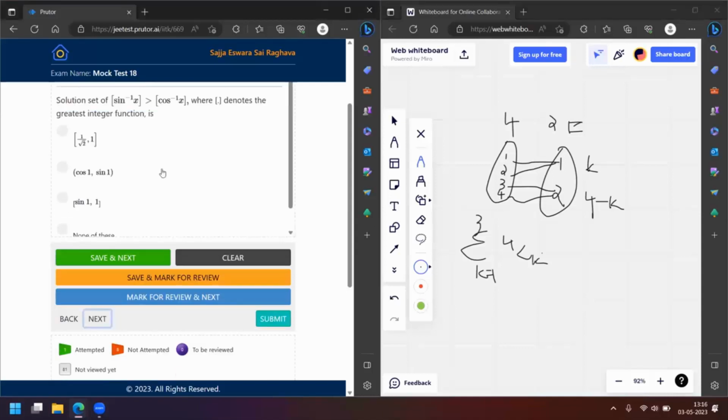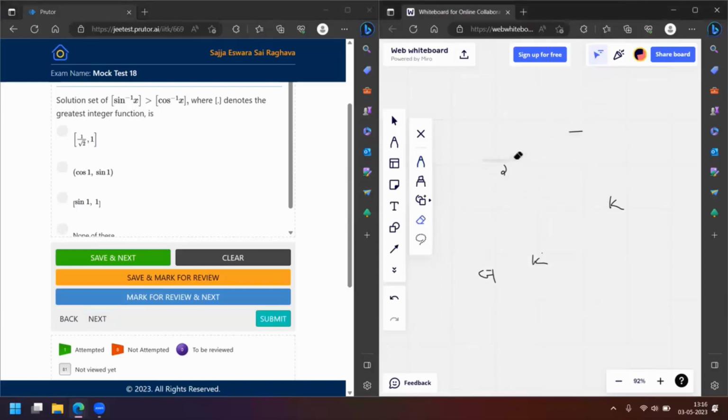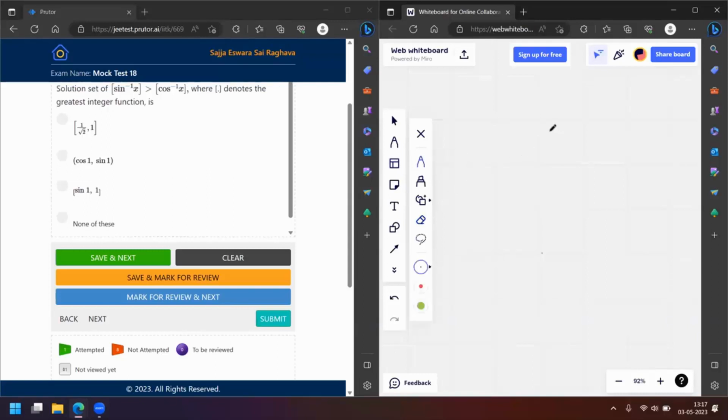For the solution set of this question, you can use the graphs of sine inverse x and cos inverse x. After plotting sine inverse of x and cos inverse x, you can plot the greatest integer functions. From the graph you can get the answer. Draw the graphs for both sine inverse x and cos inverse x, and compare using the graphs. For sine inverse of x, the domain is -1 to 1, and the value of y goes from minus pi by 2 to pi by 2.